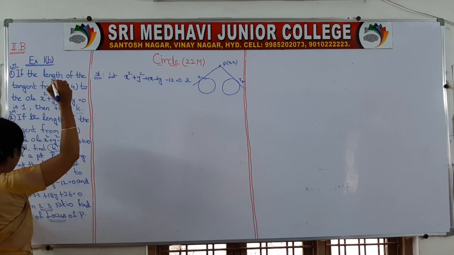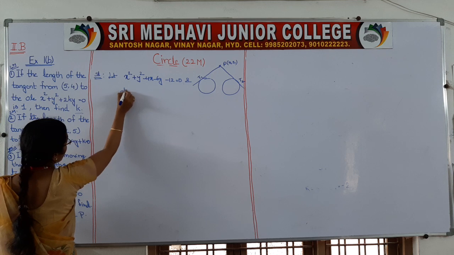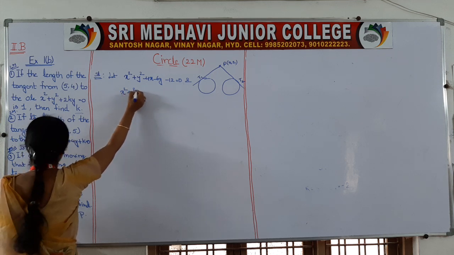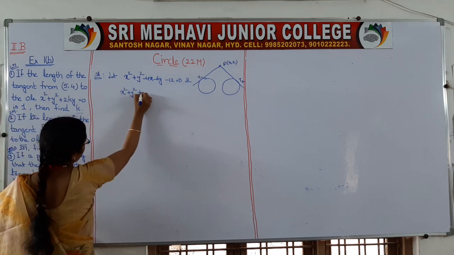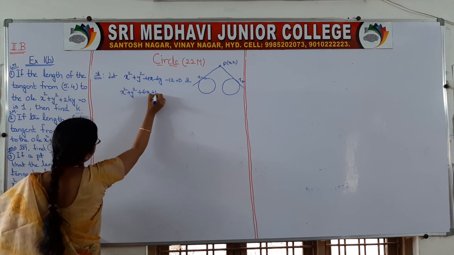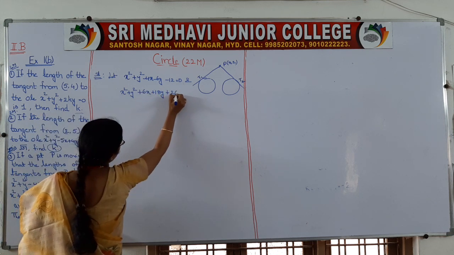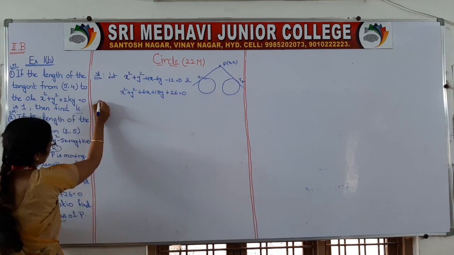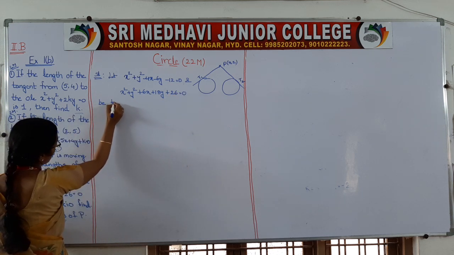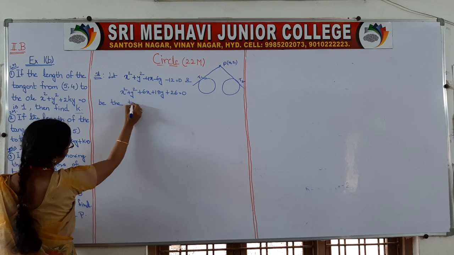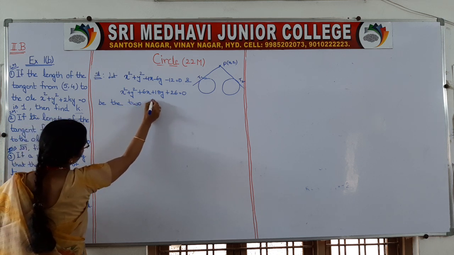And second circle: x square plus y square plus 6x plus 18y plus 26 is equal to 0. These are the two circle equations.